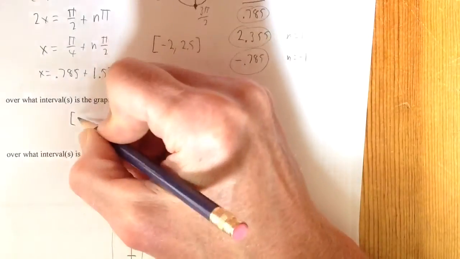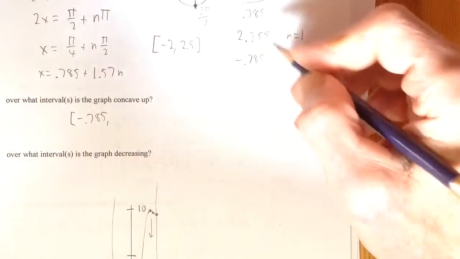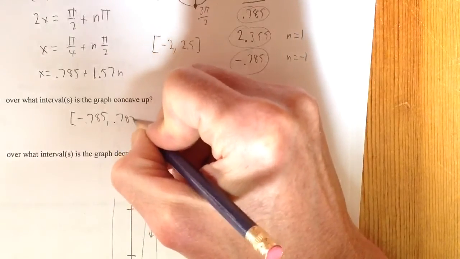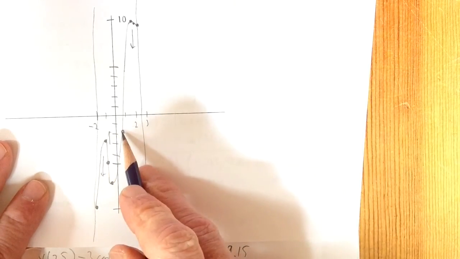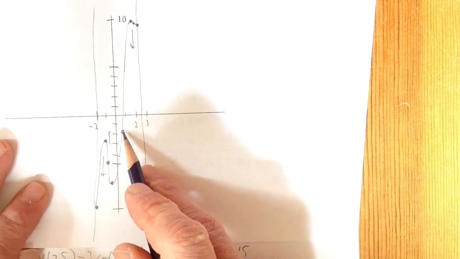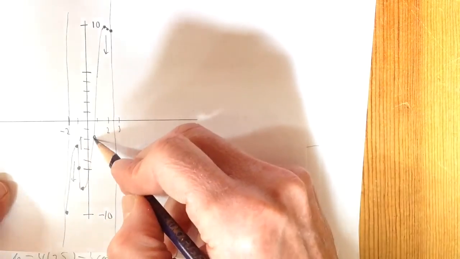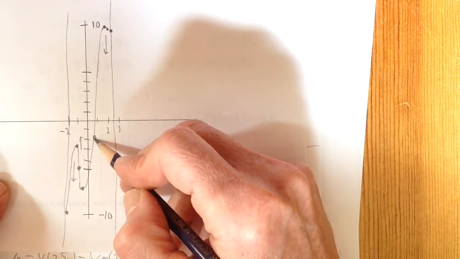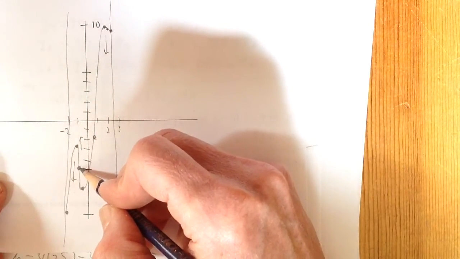So we would write here negative 0.785 to the next inflection point, which was 0.785. That's concave up from here to here. And that's it. Here it's concave down. Here it's concave down. So just that one place from inflection point to inflection point. That's where it switches over from concave up to concave down. That's the definition of inflection point.